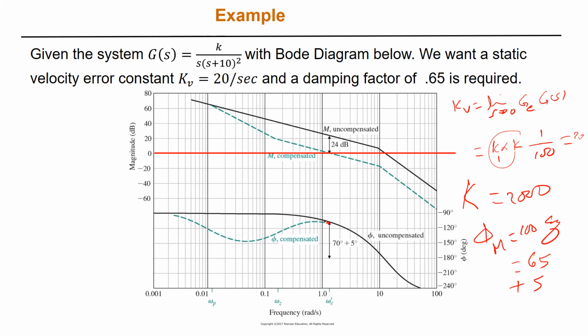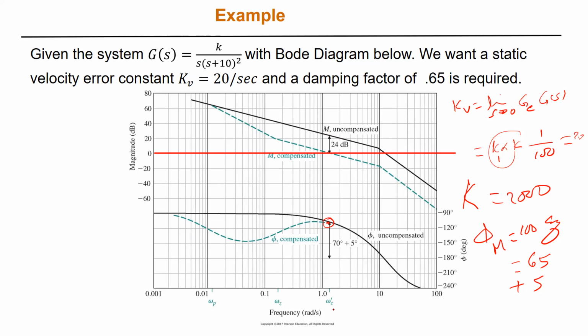Okay, so now this is the phase margin, so I should look into this point. And then I go up. First of all, what will be the frequency? What will be the new crossover frequency?